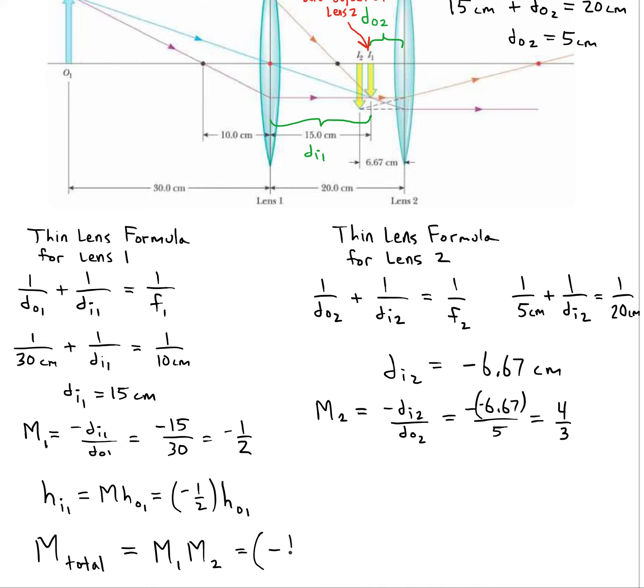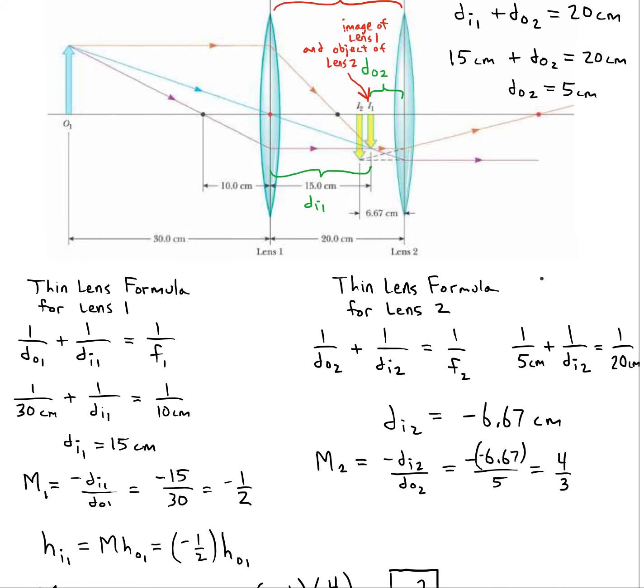M1 was negative 1/2. It cuts our object's size down by 50% and it inverts it. Then we have a second lens which will actually increase the size of the image, but it will not invert it this time. If we just multiply here, we get negative 2/3 as our final magnification.